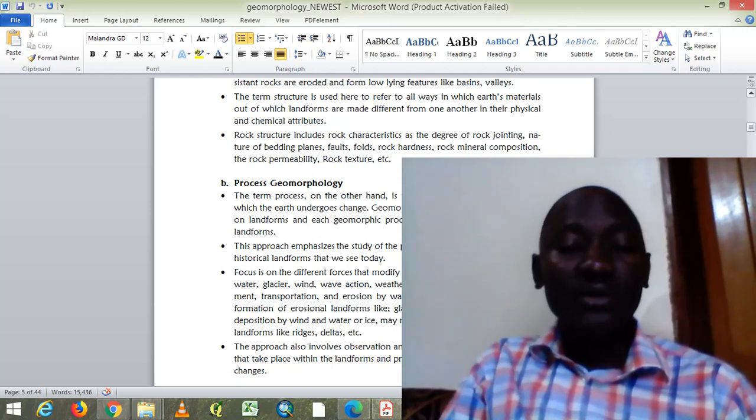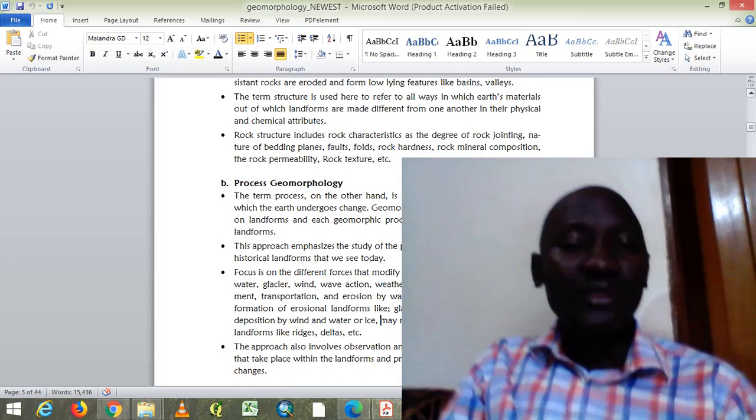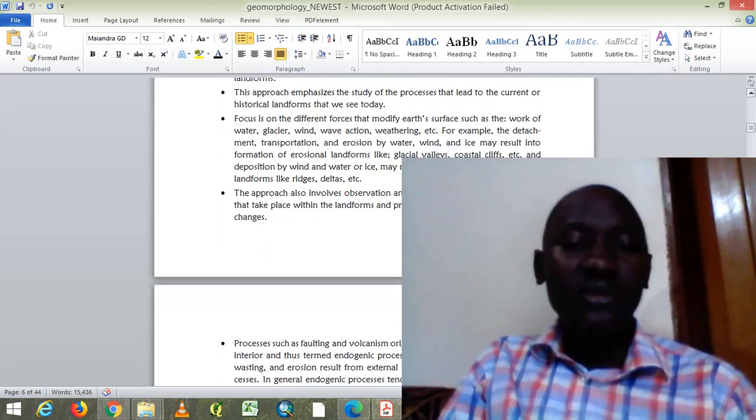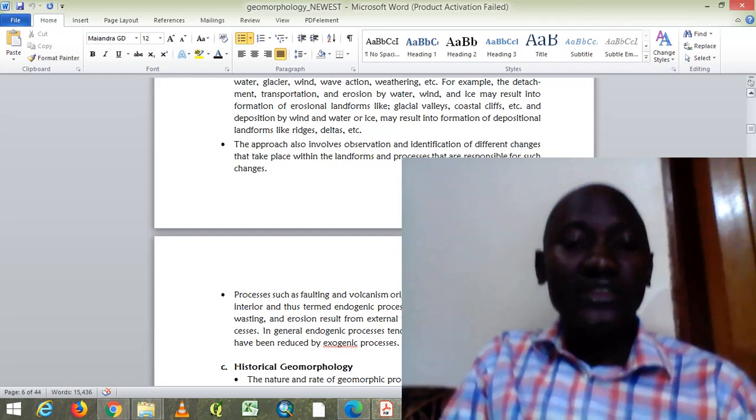Glacial erosion will result in formation of glacial landforms. Wave action will result in formation of wave, either depositional or erosional landforms. So to them, different processes shape different landforms.